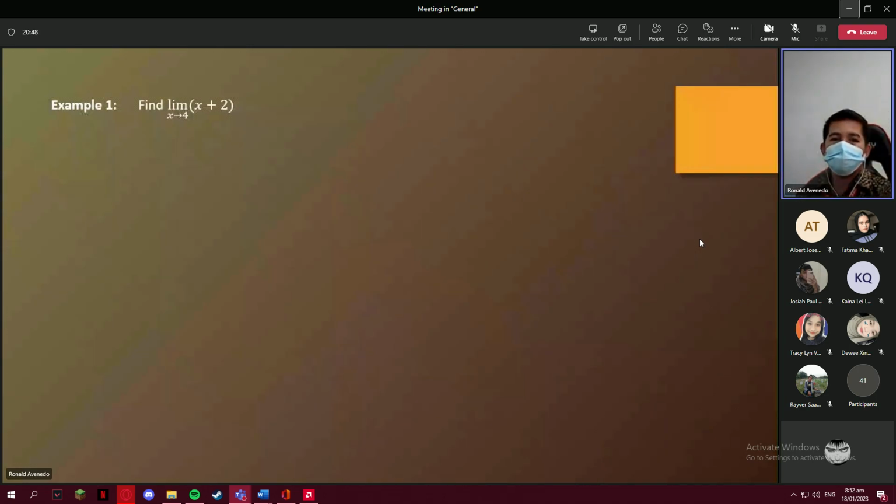Okay. Example. Find the limit of x plus 2 as x approaches to 4. So the limit of x plus 2 as x approaches to 4. Gaya ng sinabi ko kanina, when we say approaches, it could be from left to 4.